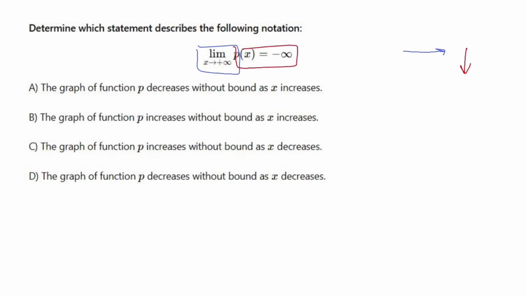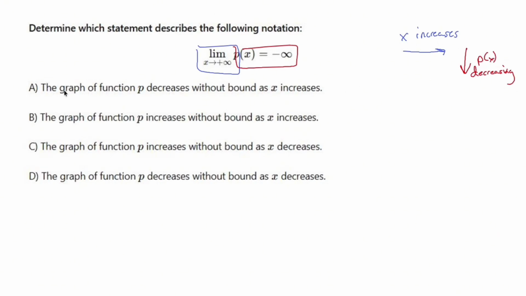So the way we would word this, as x increases, p of x decreases. So when you see other words like without bound, that means just forever. So we would word this as x increases, p of x is decreasing without bound.